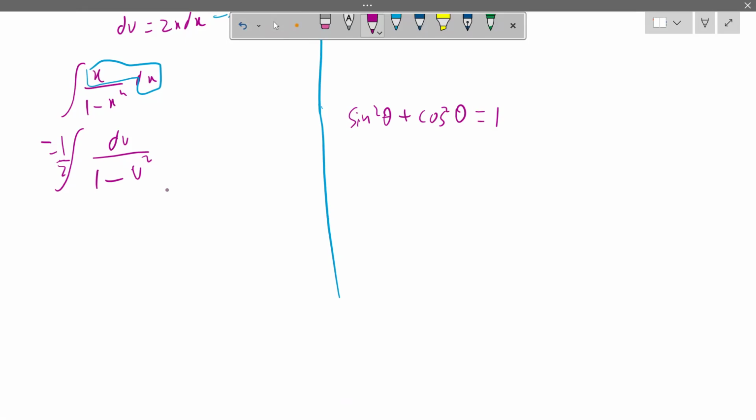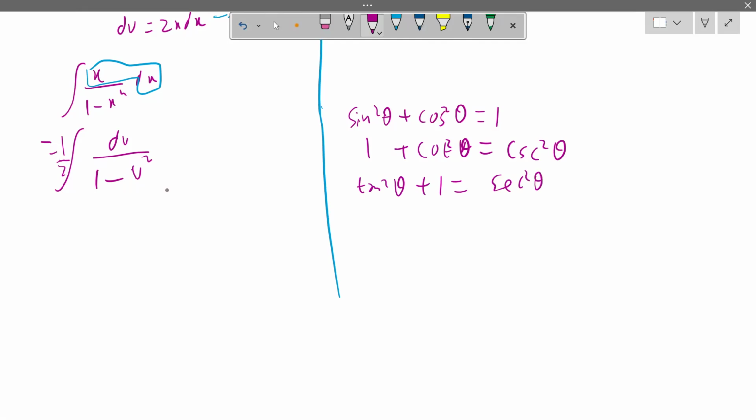Dividing by sine squared theta gives 1 plus cotangent squared theta equals cosecant squared theta. Dividing by cosine squared theta gives tangent squared theta plus 1 equals secant squared theta.